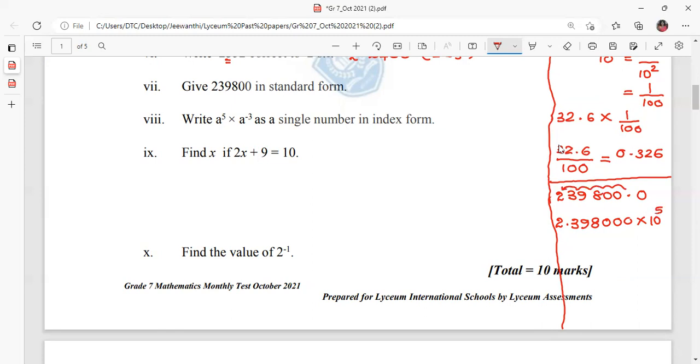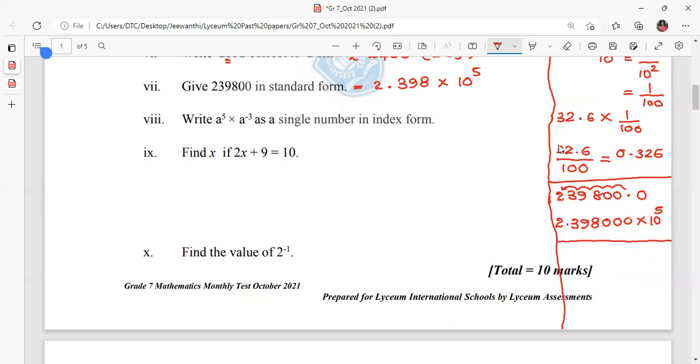So then you have 5. But when you write the answer, children, you write 2.398 multiplied by 10 to the power 5. Then when you're concluding the answer, no need to write all those zeros.